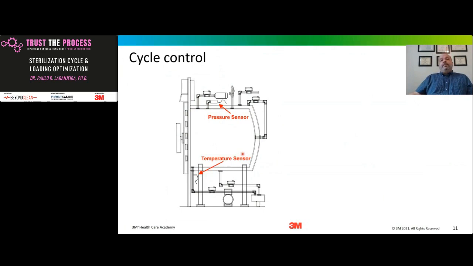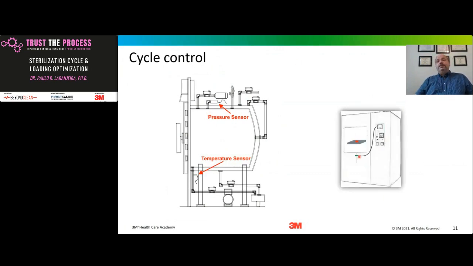We have also seen some manufacturers using additional temperature sensors and additional pressure sensors on the jacket. But for the purpose of our cycle control and understanding how the cycle can be optimized, we will take into consideration the position of the temperature sensor at the drain.